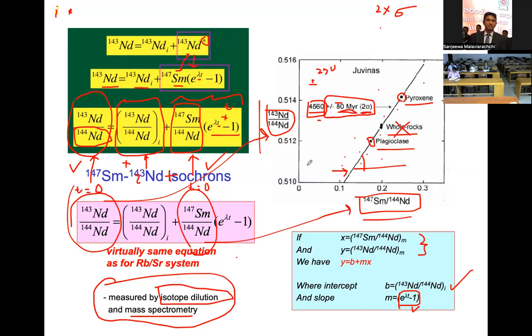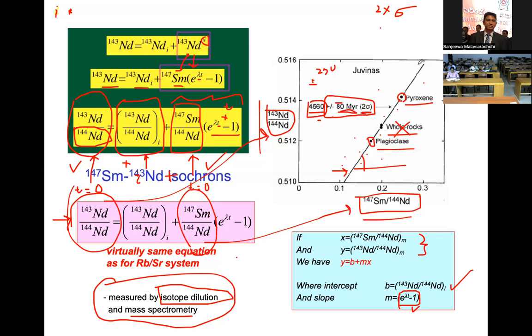And you have to remember this equation, the age equation, right? This is a must. Okay, do you have any question? As I said before, the slope is very, very significant.